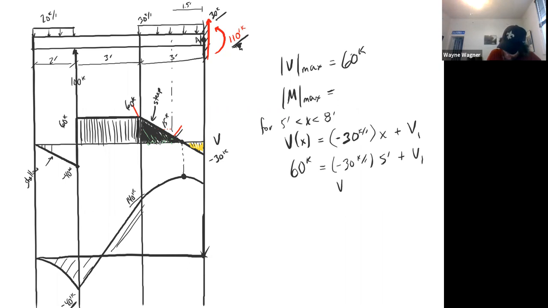Well, my y-intercept in this case is negative 150, bring it over to the other side, 210. So we erase this number right here. I'm going to go ahead and say 210 kips. All right, cool. Now we're cooking with gas.